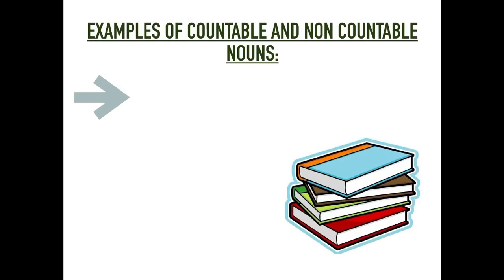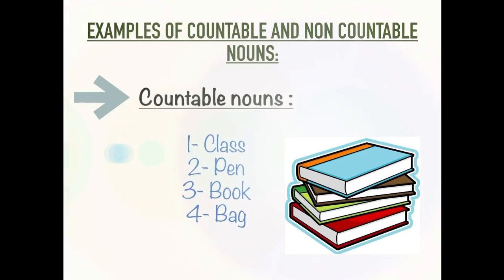More examples for countable and non-countable. For the countable nouns, I chose class. For example, we can say how many classes are you taking for this course? The answer is 5 classes or 6 classes. So class is a countable noun because we can make it a plural noun.